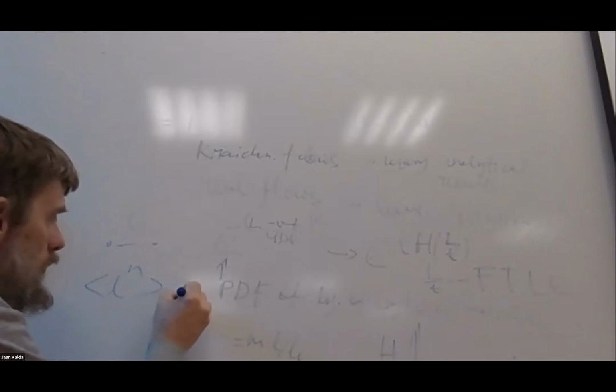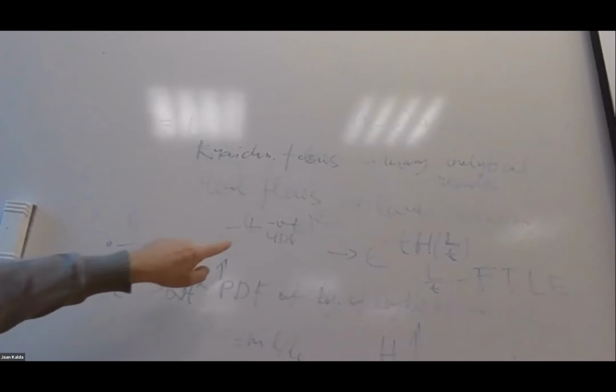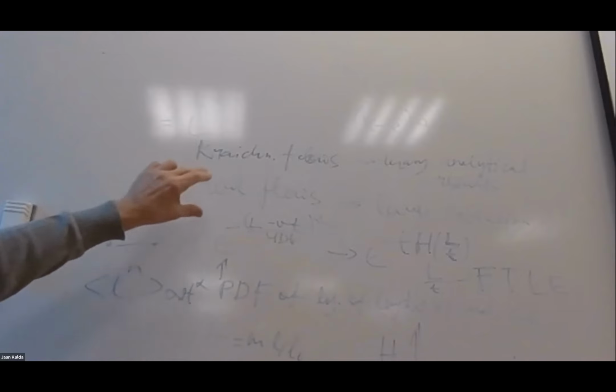We expect this to be proportional to t to the power alpha, and we want to find what alpha is. The procedure is to take L, distribute it with this PDF, and then take the integral and calculate. Basically, that was the homework, checking whether you understand what a probability density function is and applying it to calculate an average. But okay, let us skip that from this lecture, and move instead to the project work.